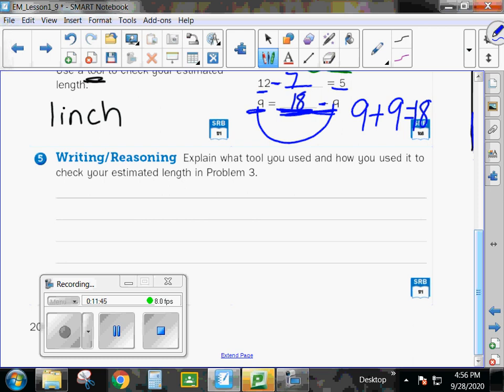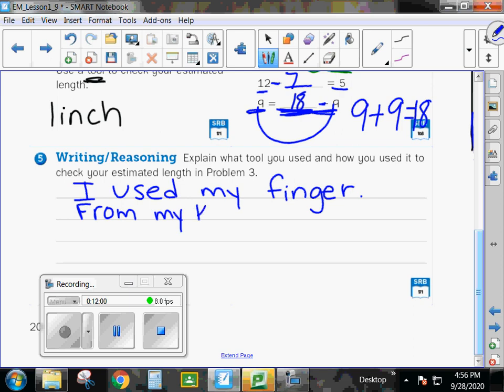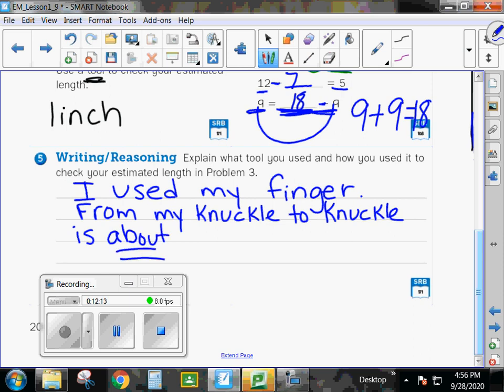Well, I used my finger, so I'm going to say I used my finger from my knuckle to knuckle is about, and remember, about, everybody has different size fingers, but it's about 1 inch. That's what I use to help me to know about what an inch is.